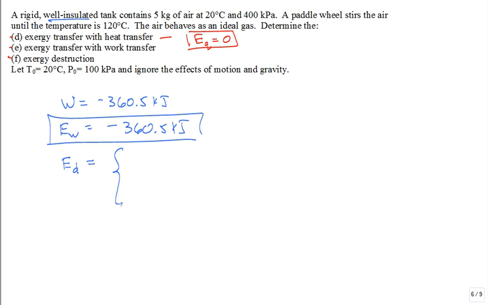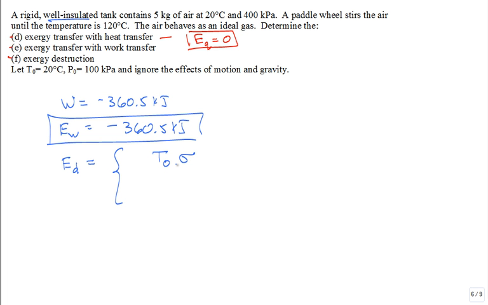There are 2 ways to calculate the exergy destruction. Exactly. You can calculate it as T naught times sigma, so you have to first calculate sigma, which is our entropy production, and multiply it by the dead state temperature, in absolute Kelvin scale. Or you could do it another way.